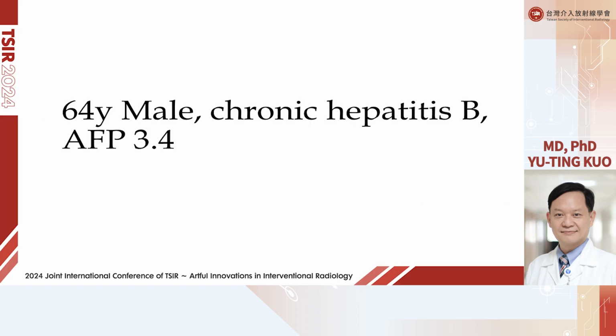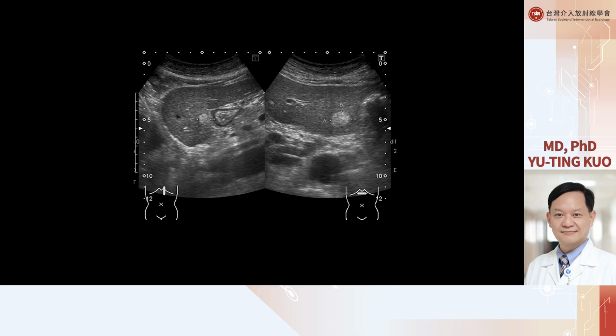But LIRAD also has some limitations, even in patients with LIRAD-5. Here is an example. This is a 64-year-old male with chronic hepatitis B, a definite high risk for HCC, with normal alpha-fetoprotein. You can see the hyperechoic lesion in the lateral segment.